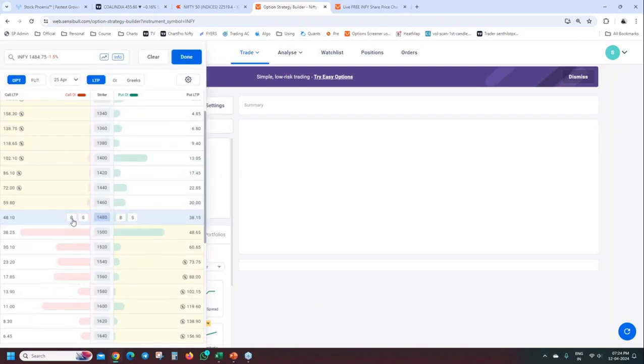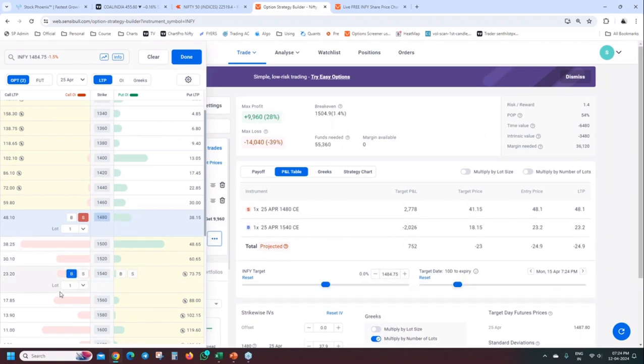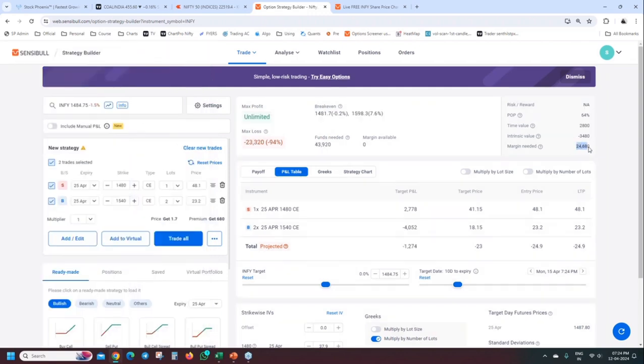1484. Okay, let's take sell one lot and buy 1, 2, 3. So capital required is 24,000. Maximum loss is 23,000. Somewhere it is not adjusting. 3% after 3 days. So we can better avoid this strategy in this particular stock because the premiums are not properly evaluated.